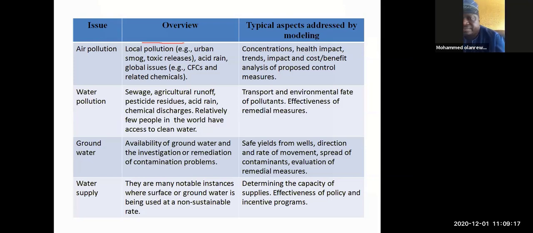Groundwater modeling: when you talk about groundwater, we look at the availability of groundwater and the investigation or remediation of contamination patterns.